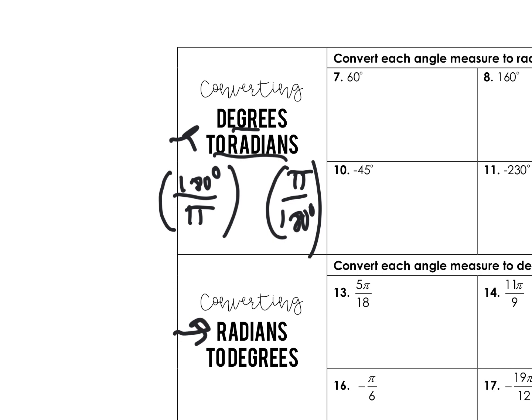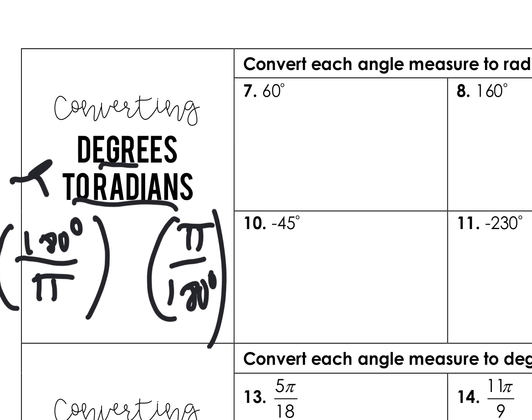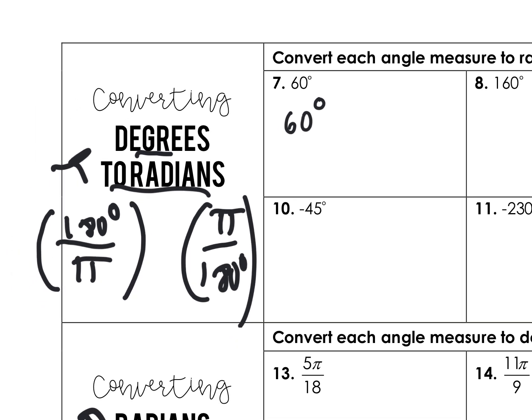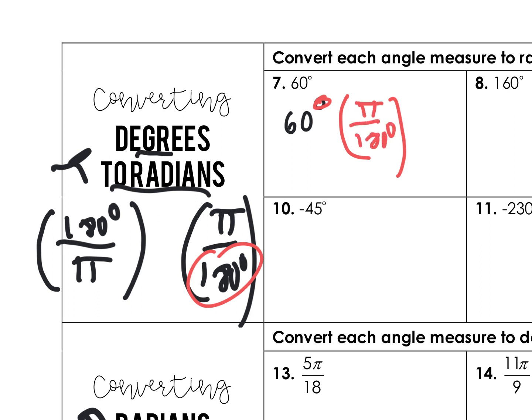So when you're converting 60 degrees into radians, I have to pick one of those fractions to multiply by. Since I want to convert it to radians, I want to remove this degree symbol. So the best fraction to multiply by is the one that has the 180 degrees in the bottom. So I'm going to put a pi over 180 degrees.